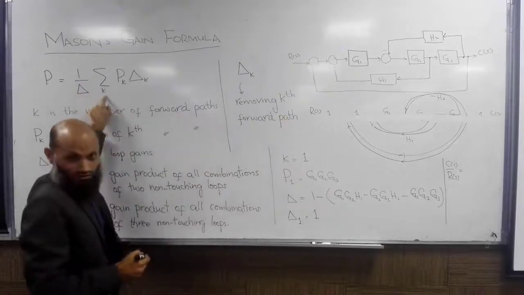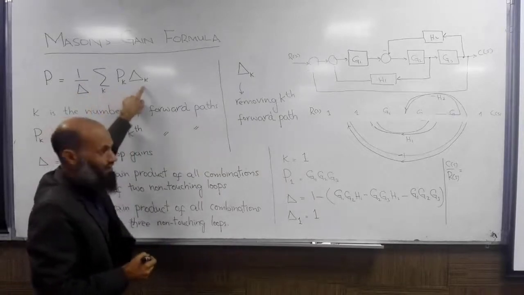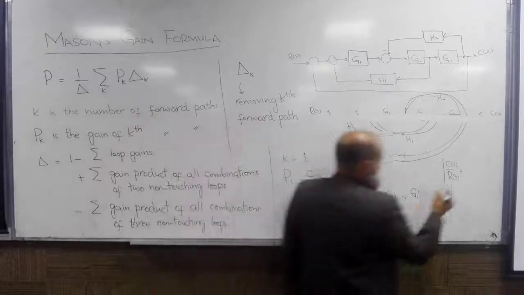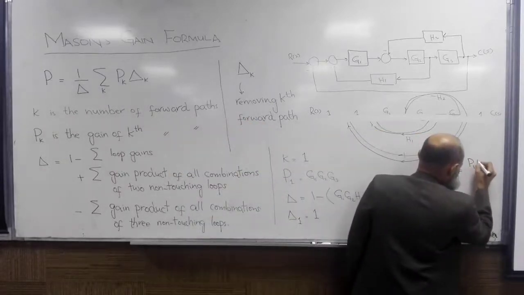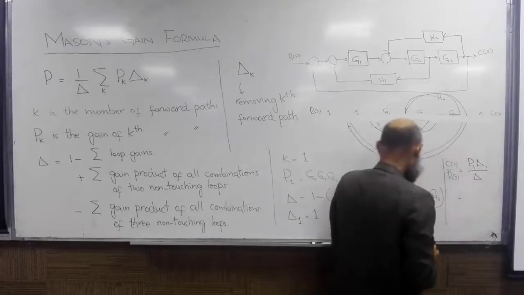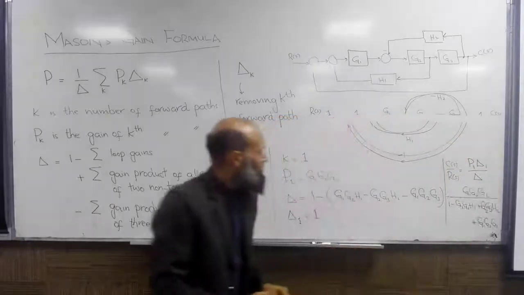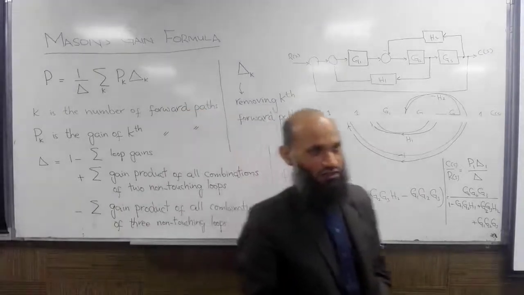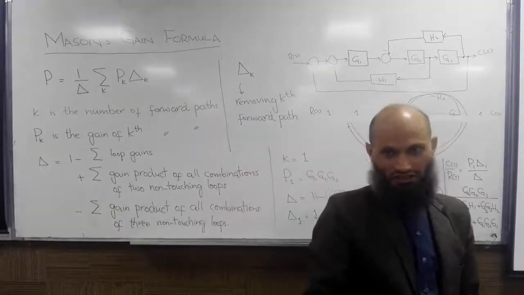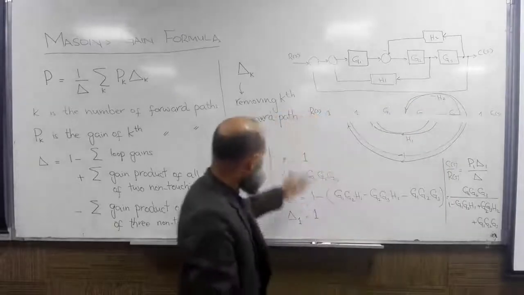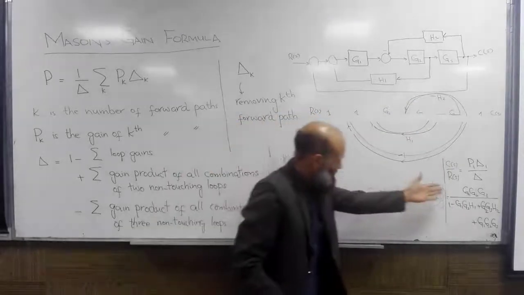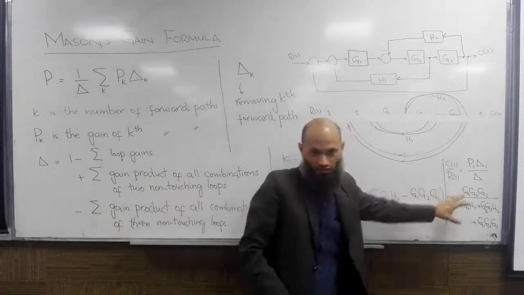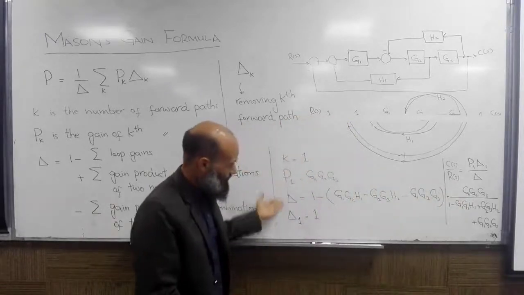So what is K? K is 1. So P1 delta 1 over delta, which is the same as we obtained by using block diagram simplification techniques. And we have obtained this equivalent transfer function in just a few steps.